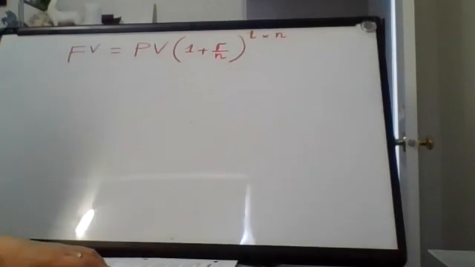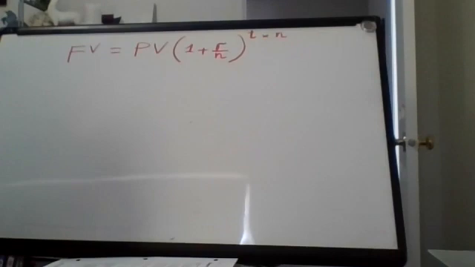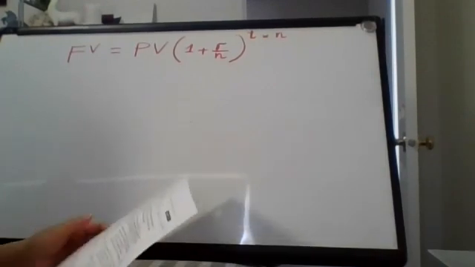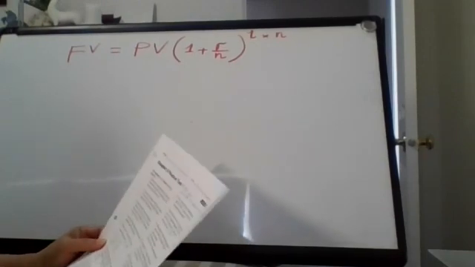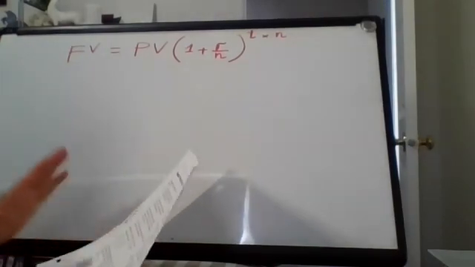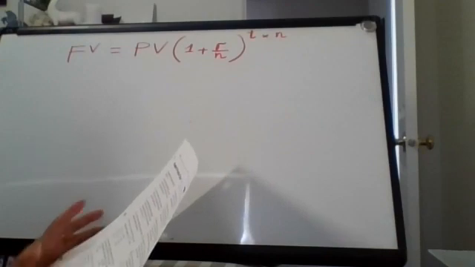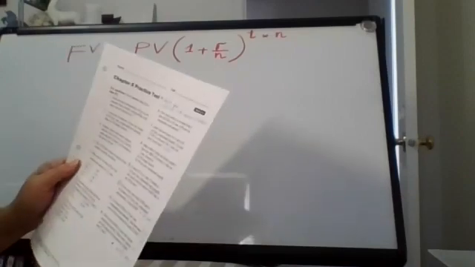Now, number 11, I'm going to read the question through to you. Joe owes $3,175 in 4 years. So he owes $3,175 in 4 years. This is number 11 on your paper, okay?